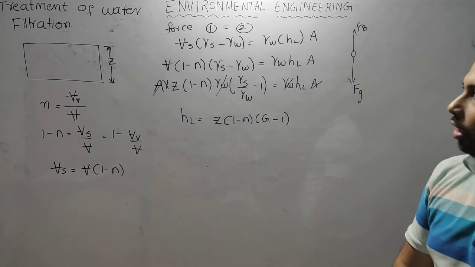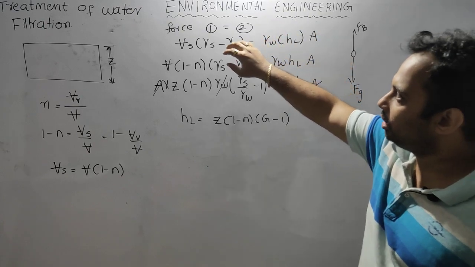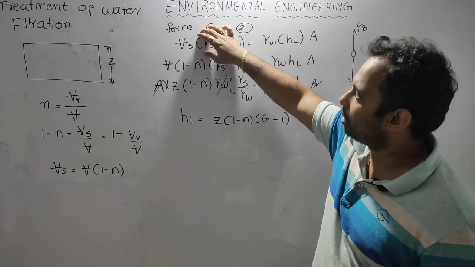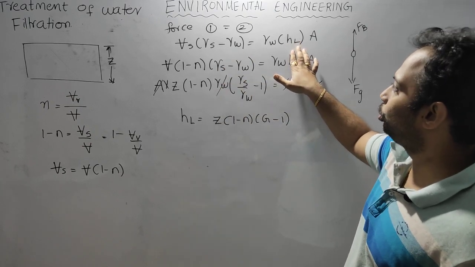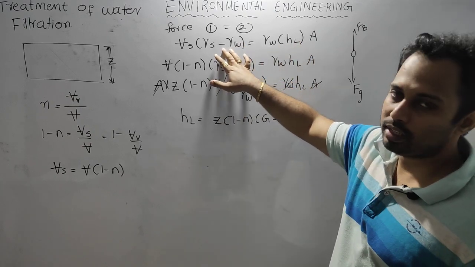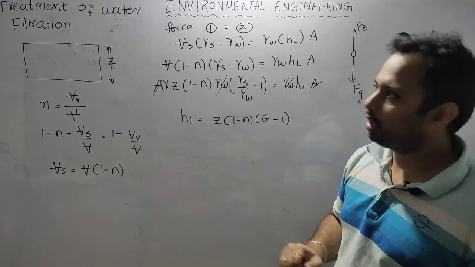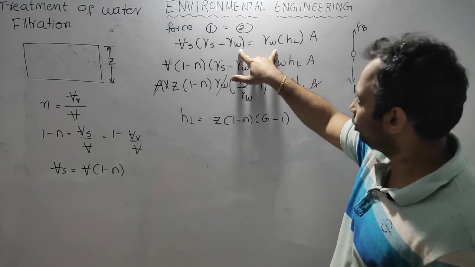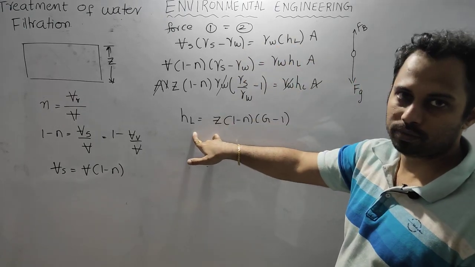Are you getting my point? So this is the pressure which we are giving, and this is the capacity of the particle. The head loss should not exceed the capacity of withstanding of the particle. That is why we have equated these two, and by equating these two we have found the head loss.